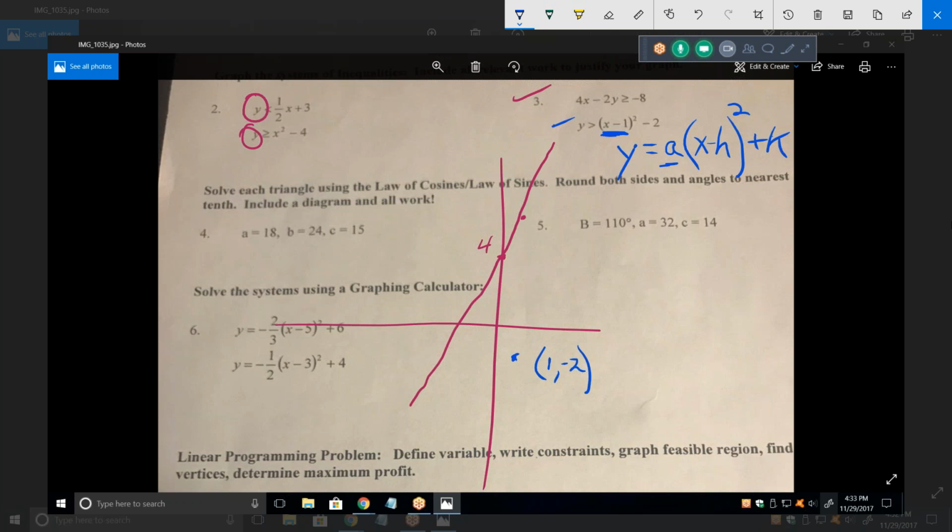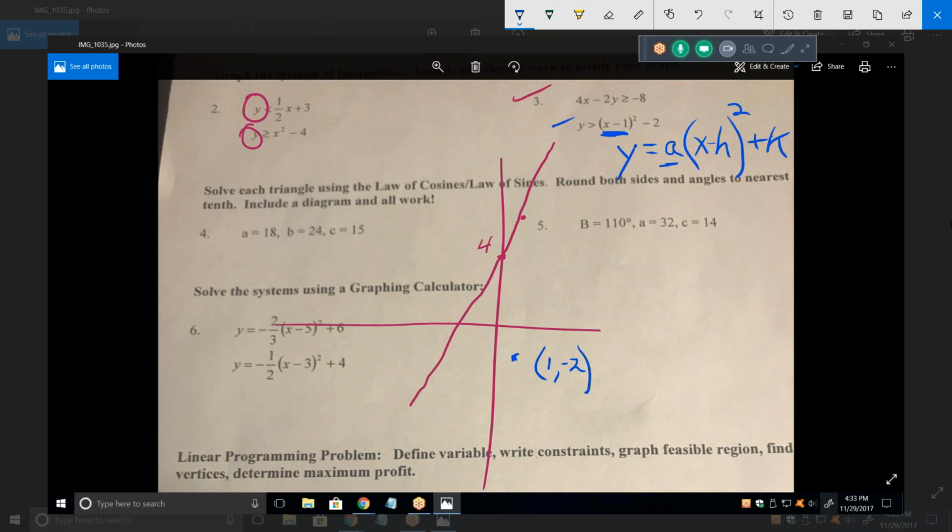Now, show all work. I can't graph this parabola unless I have two other points. Because she said show all your work, I can't just graph a parabola using that as the vertex. That's not going to give me the right width of that parabola.